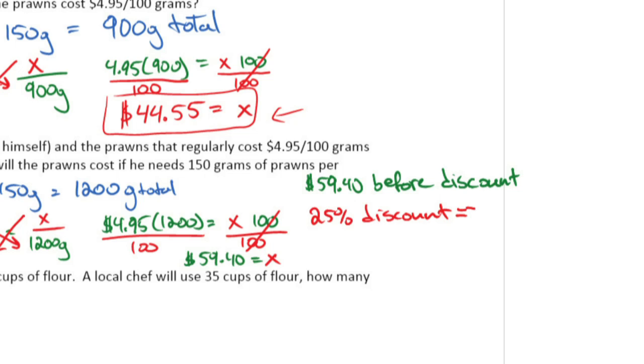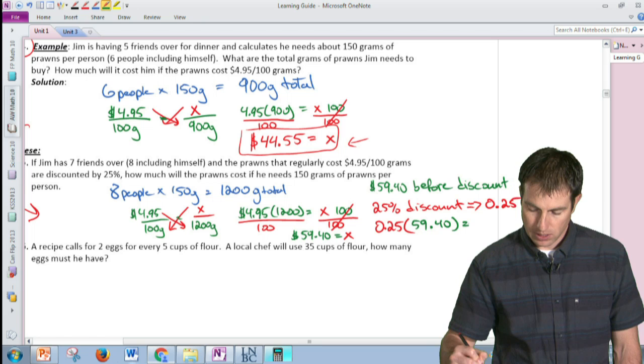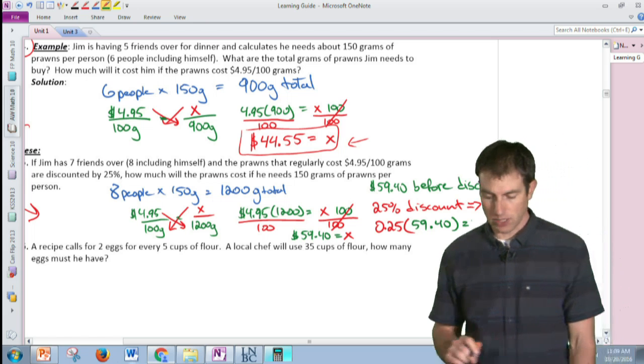25% as a decimal is 0.25. So we're going to go 0.25. We're going to multiply it by $59.40 to figure out what our discount is.